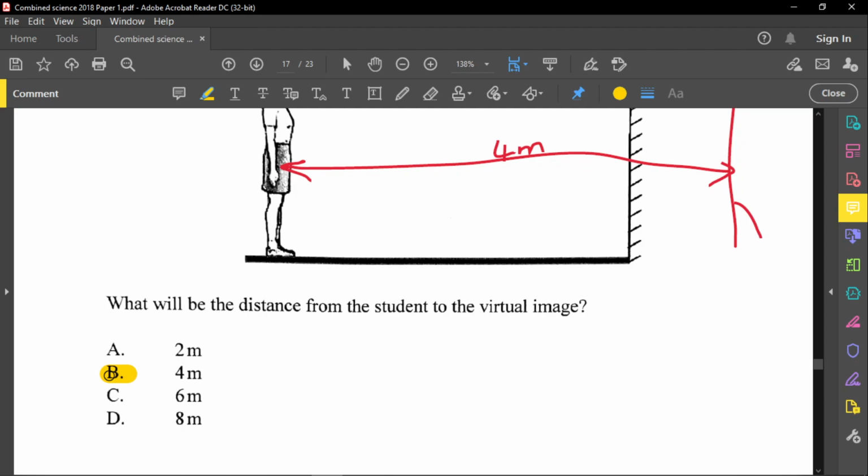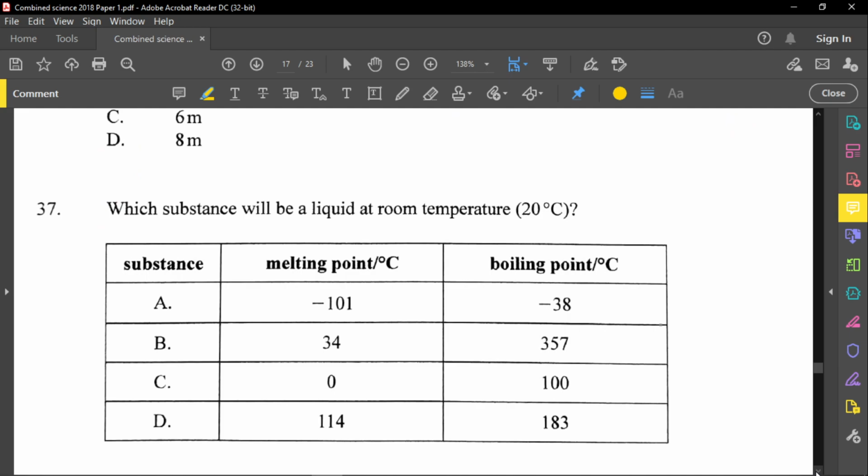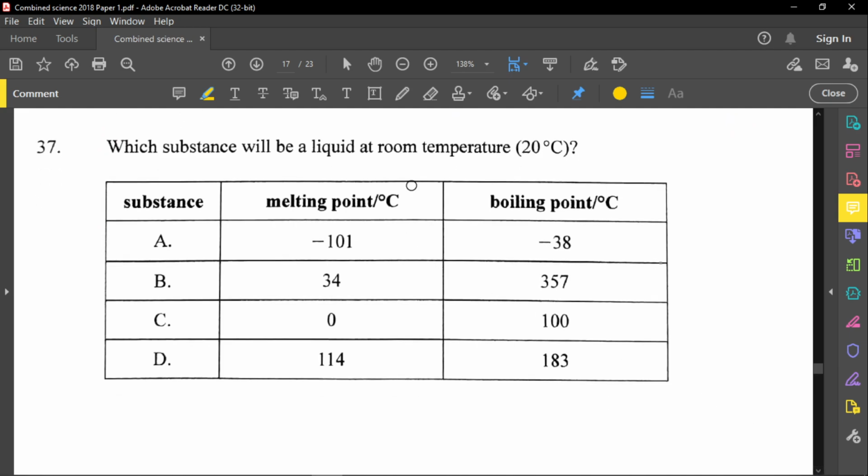The next question, question number 37, asks which substance will be a liquid at room temperature, and the temperature they're talking about here is 20 degrees. It therefore means that the substance must melt at 20 degrees or below.